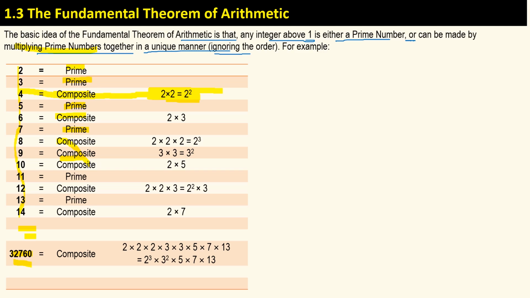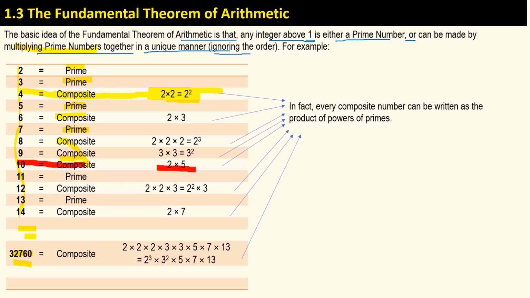Similarly, let's take another composite number, 10, which is formed by multiplication of 2 and 5. Again 2 and 5 are prime numbers, and a composite number is formed by multiplication of prime numbers. In fact, as this basic idea says, every composite number can be written as a product of powers of prime numbers.